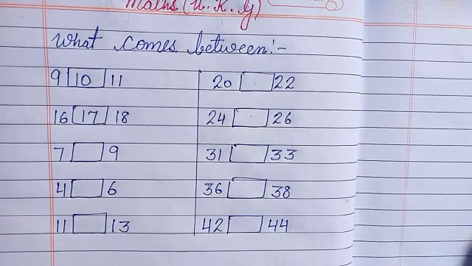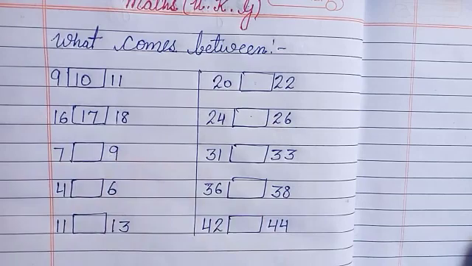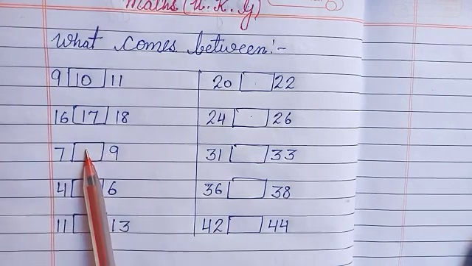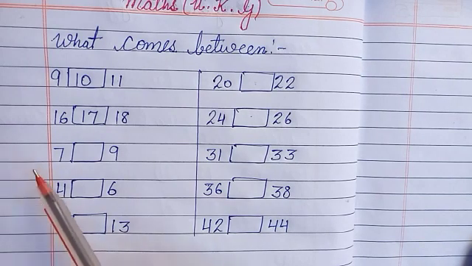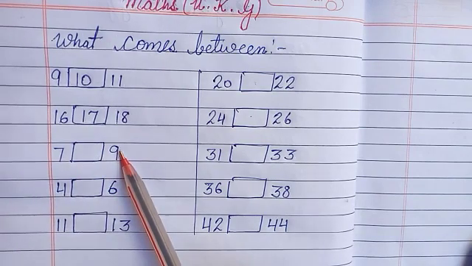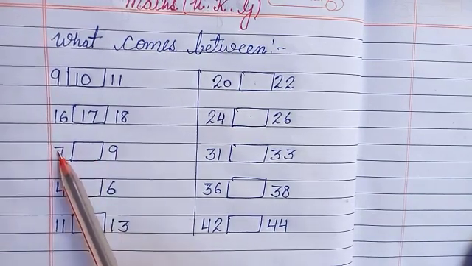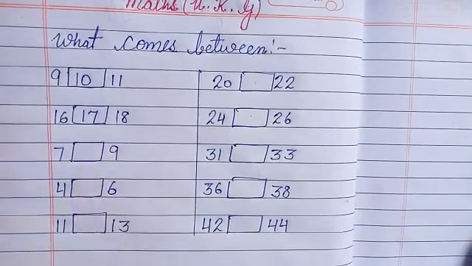Which number will come between 7 and 9? 7 after 8, 9 before 8. 8 comes between 7 and 9. You write here 8.